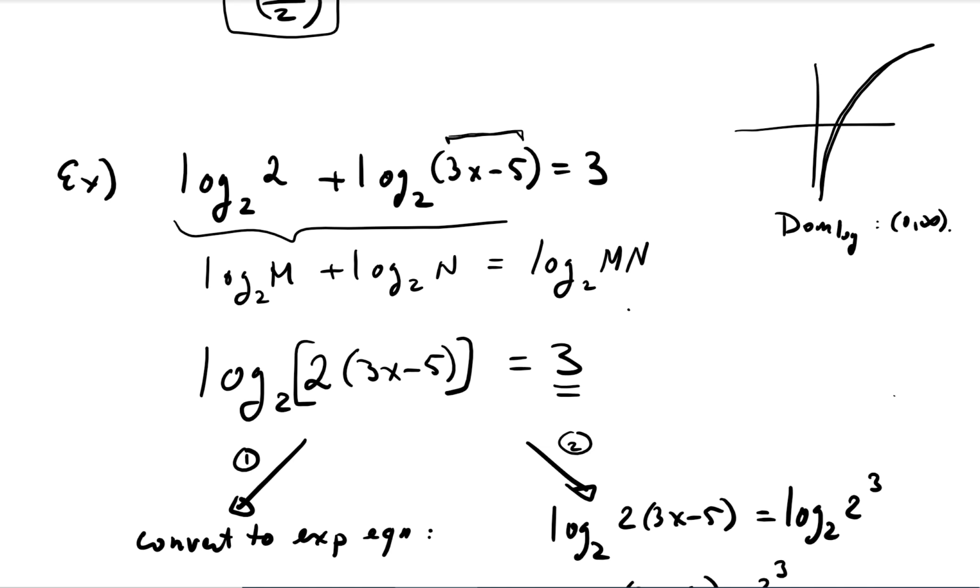So implicitly, 3x minus 5 has to be positive for the expression to exist.